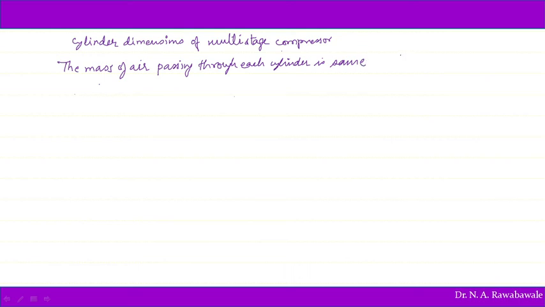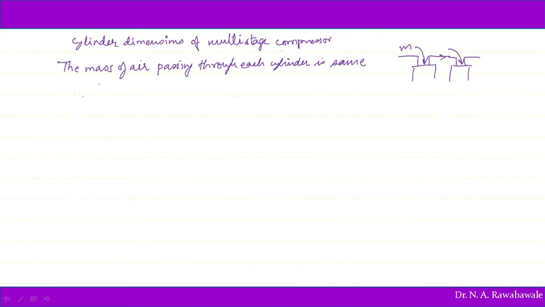So for example, 1 kg of air enters into the LP cylinder and 1 kg of air comes out of the LP cylinder. Then when it enters into the HP cylinder, 1 kg will enter and 1 kg will leave. So whatever is the mass of air entering into the LP cylinder is the same as entering into the HP cylinder, or in any n number of cylinders.